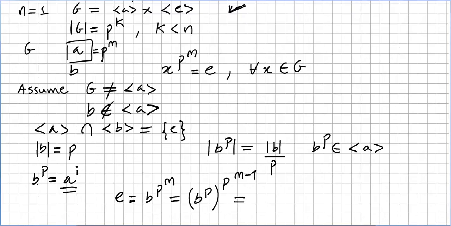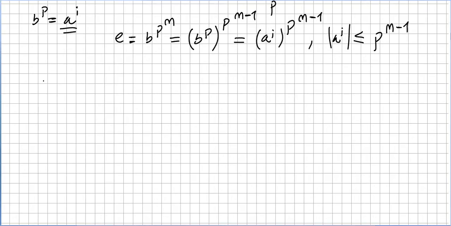Since we choose B to the power of P as A^I, we are going to say that this is A^I to the power of P to the power of M minus 1. Okay, so we can easily say that the order of A to the power of I is smaller than P to the power of M minus 1.